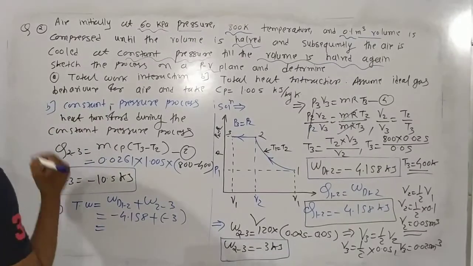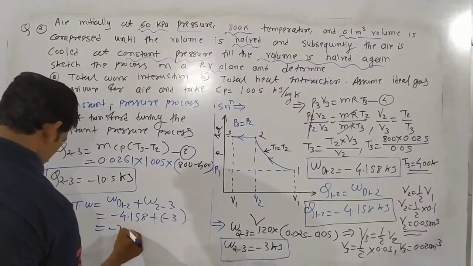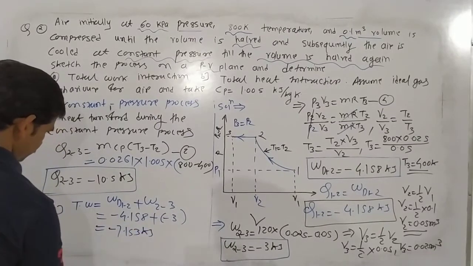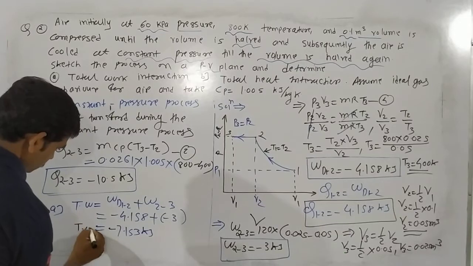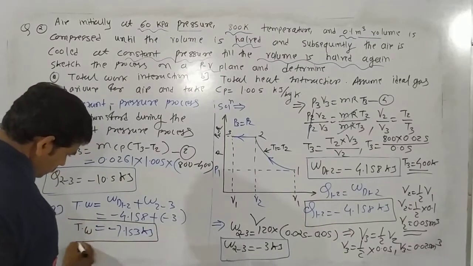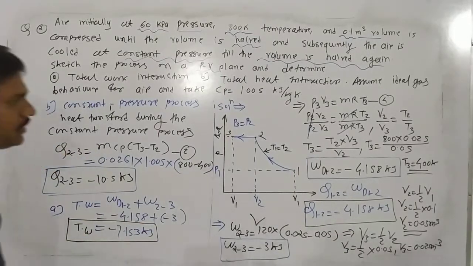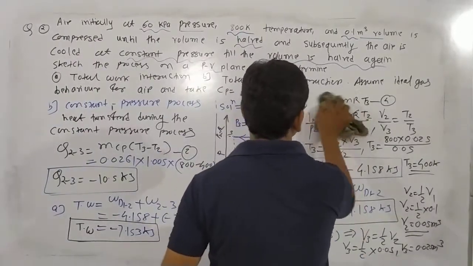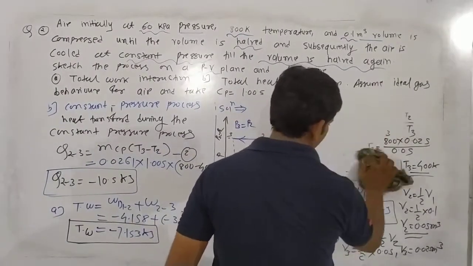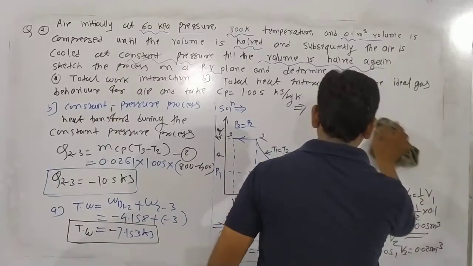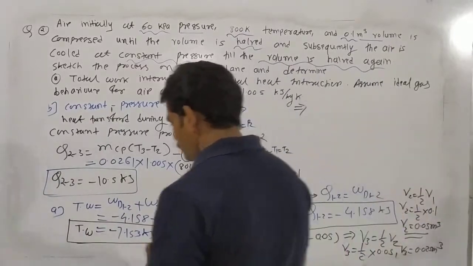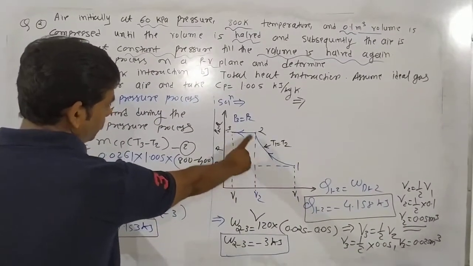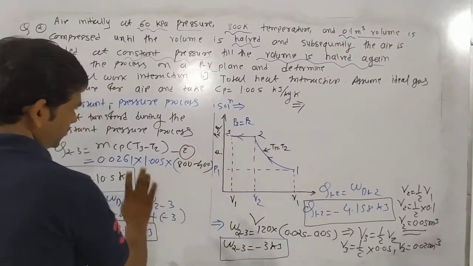It is minus 7.153 kilojoules. This is the total work done, guys. Total work done means the addition of work done in the constant temperature process and this constant pressure process.